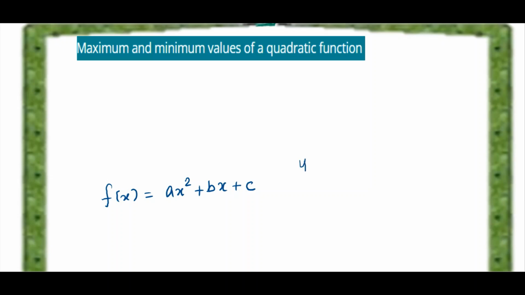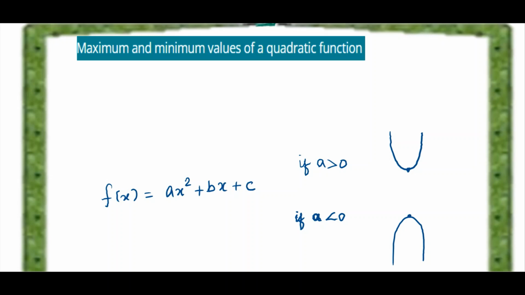If a is greater than 0, the curve has a minimum point that occurs at the lowest point of the curve. And similarly, if a is less than 0, the curve has a maximum point that occurs at the highest point of the curve, that is here.